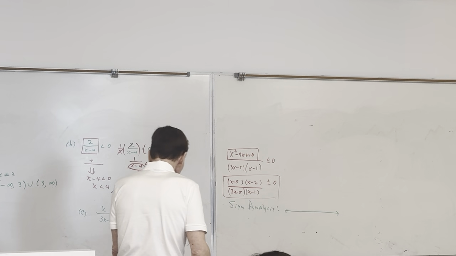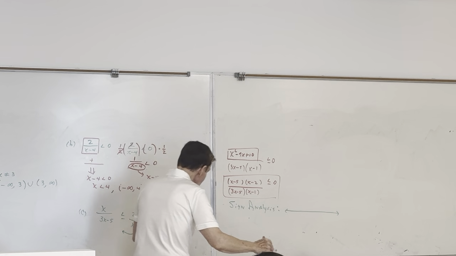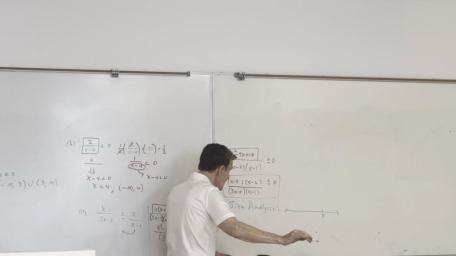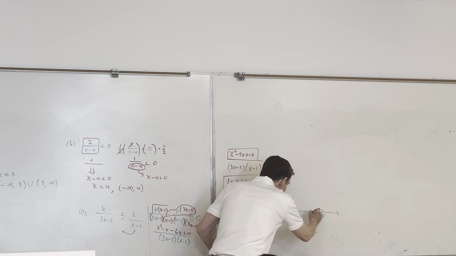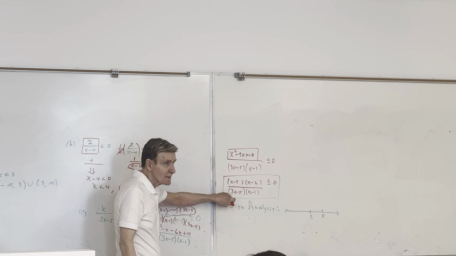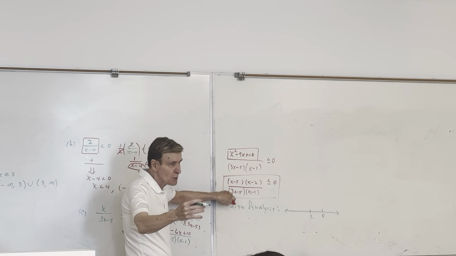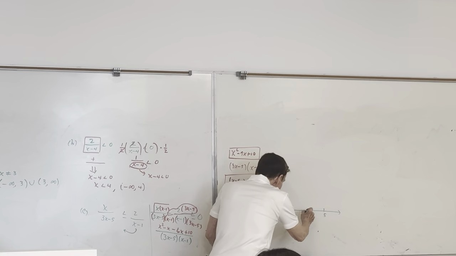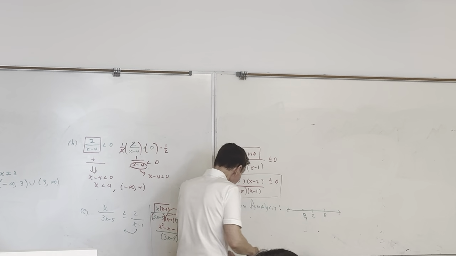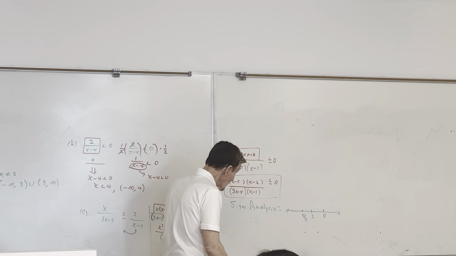And I'll start placing. 5 for sure, I'll put it right here. And 2, I'll put it here. 5 thirds, that's what, 1 2/3? So it's gonna go here. 5 thirds. And also, 1.